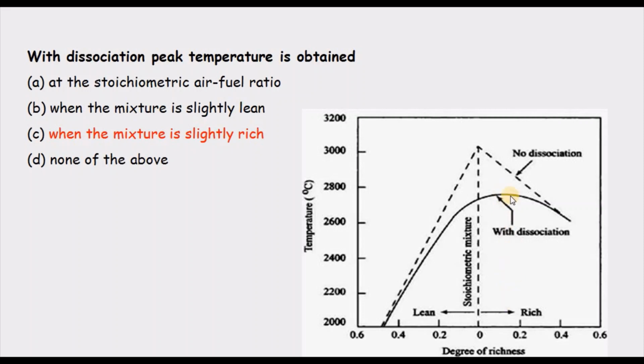So on the rich side we are going to get the maximum temperature as indicated by this curve. So the correct answer is that with dissociation the peak temperature is obtained when the mixture is slightly rich.